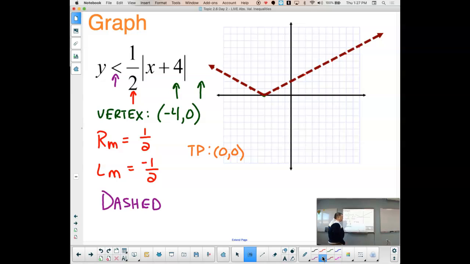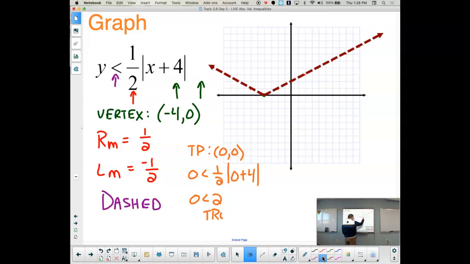Origin's the easiest one, but we don't have to always keep using the origin. Just can't use the origin if our V goes through the origin. 0 plus 4 is 4. Absolute value of 4 is 4. Times 1/2 is 2. 0 less than 2, that is a true statement.